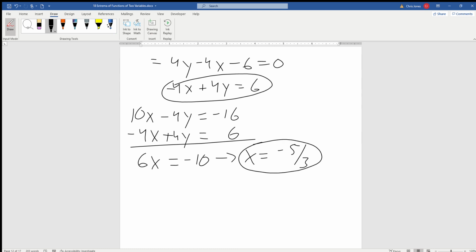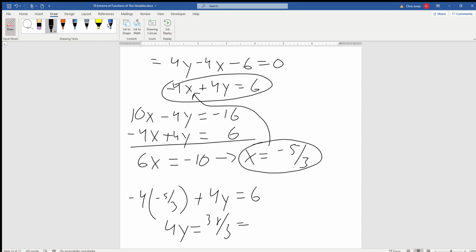We're going to back substitute and solve for y. So we could just plug it in right here. So we have negative 4 times negative 5/3 plus 4y equals 6. This is just going to come to 20/3, and we're going to add that to both sides. So 4y is going to be equal to 6 plus 20/3, and that's going to give us 38/3.